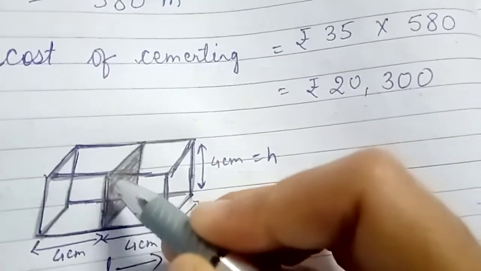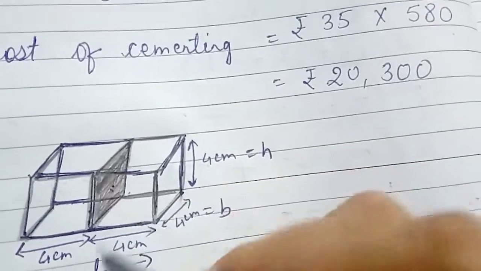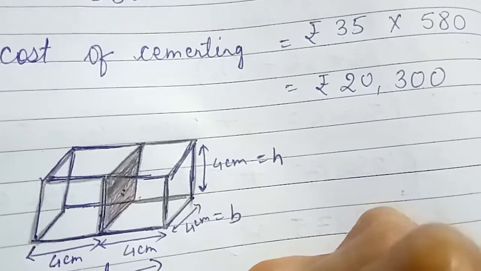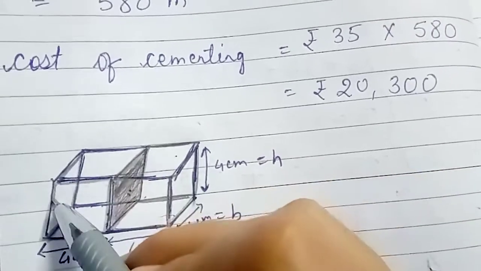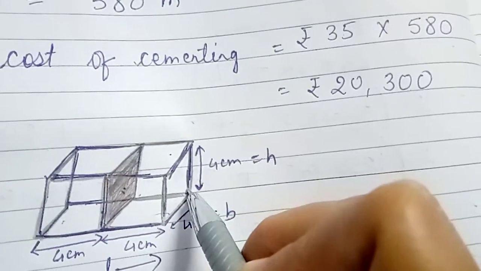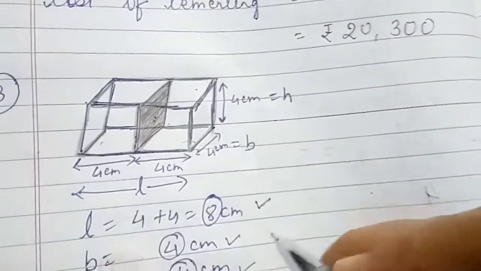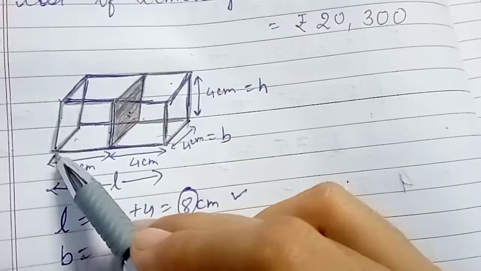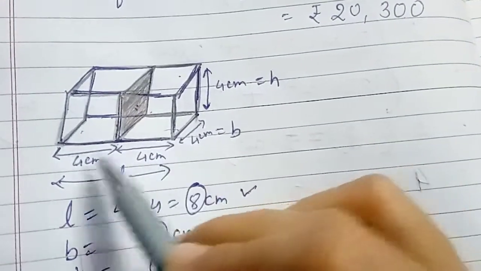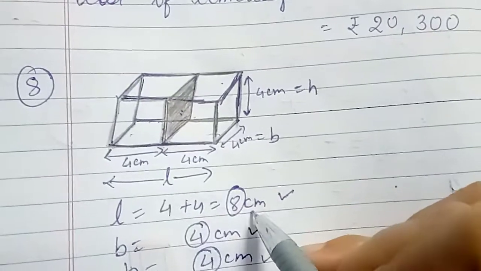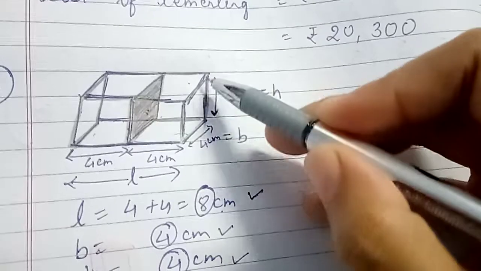Now this face is not considered as surface. Now count how many faces are there. 1 bottom is there, top is there, left and right faces are there, front and back, so total 6 faces are there. Now see length, 4 centimeter plus 4 centimeter, so total length is now 8 centimeter, but there is no effect on breadth and height.